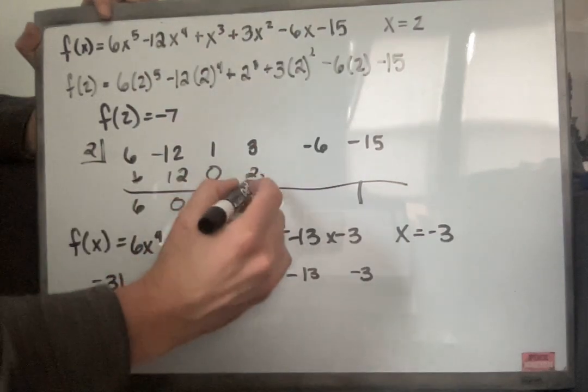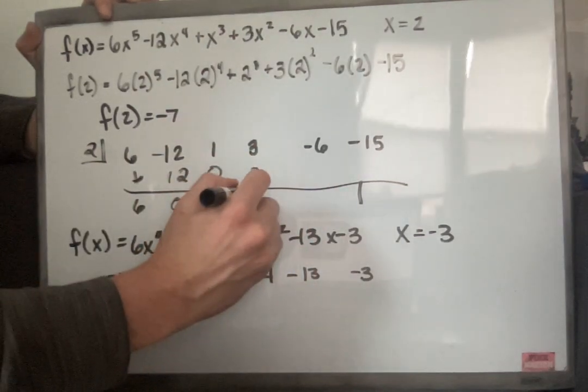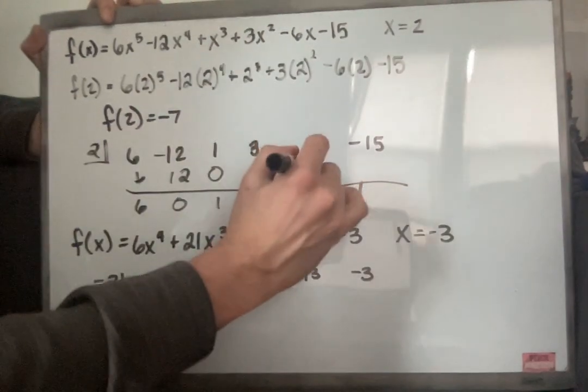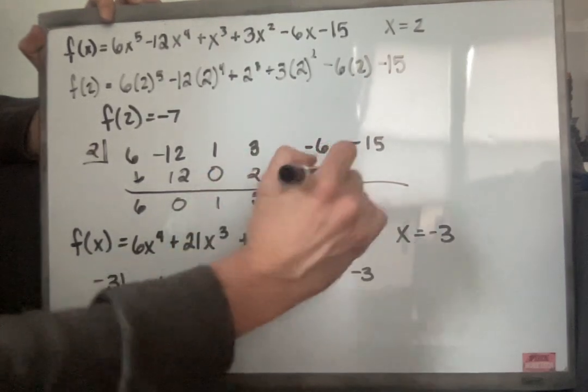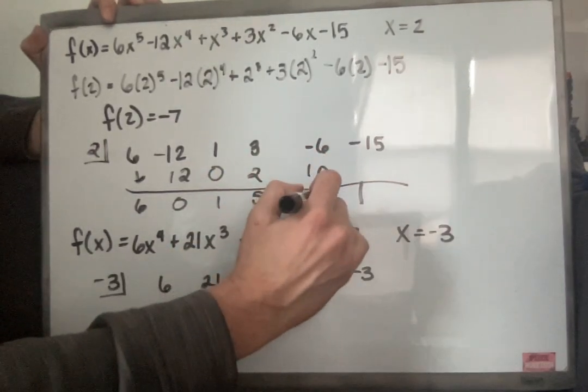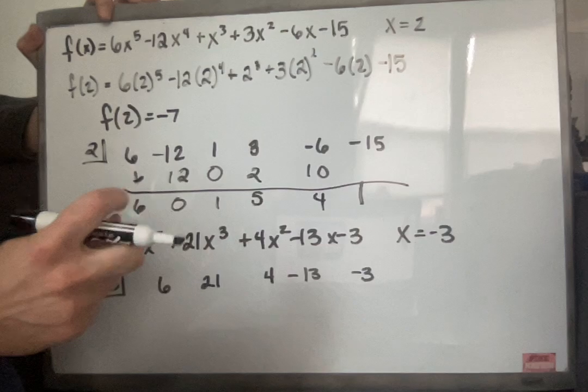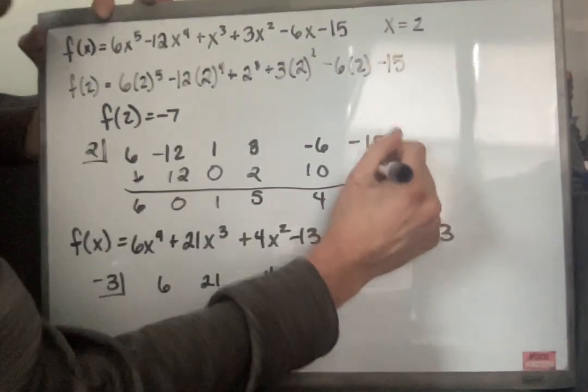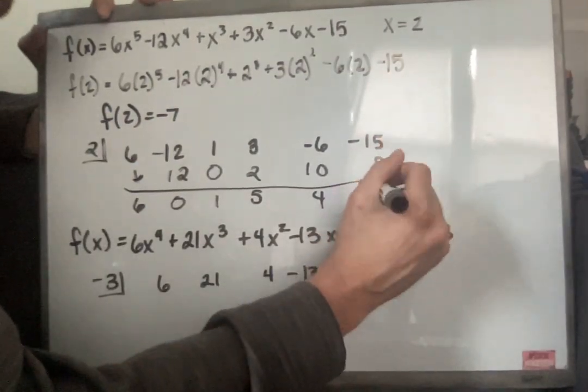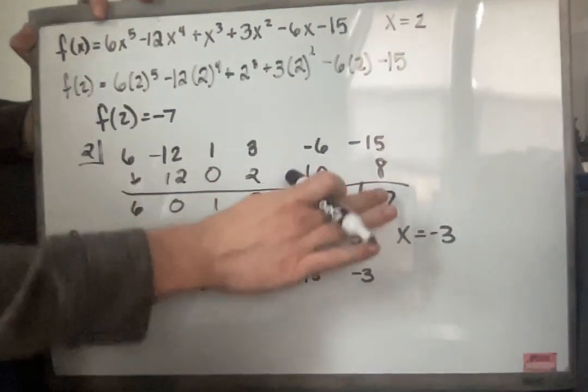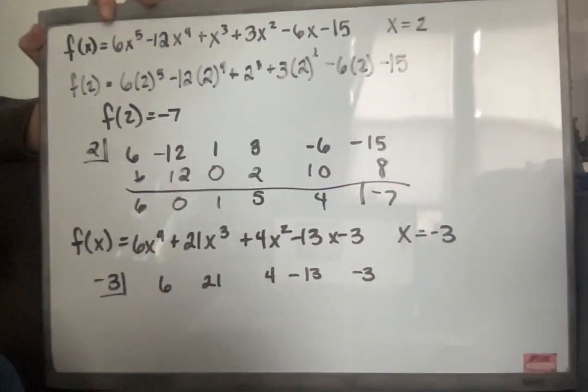And then I'm going to add. So that's going to be 5. Multiply by what's in the box. I'm going to add. Then I'm going to multiply by what's in the box. And then I'm going to add. So do you see how I still got that negative 7?